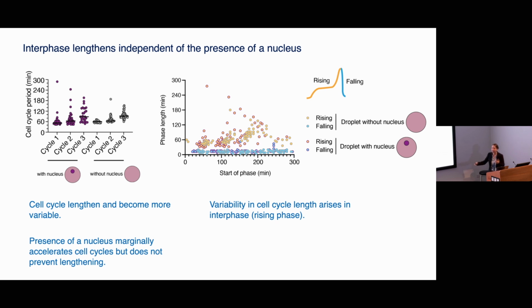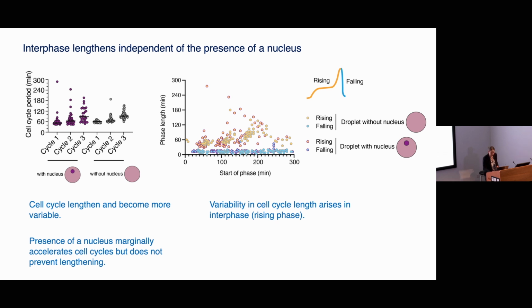It always takes the same time, while the lengthening really happens during the rising phase. And that's also very consistent with data shown by Sylvia Santos and others, arguing that the mitotic phase is very insulated from all other phases, and it's very invariant. So we see this nicely in our data.